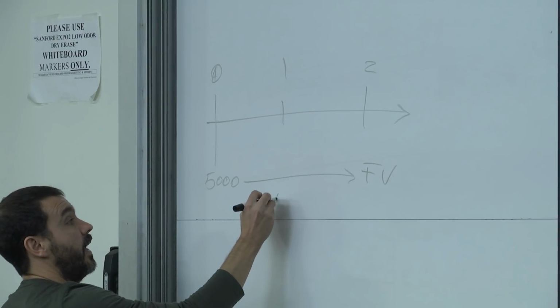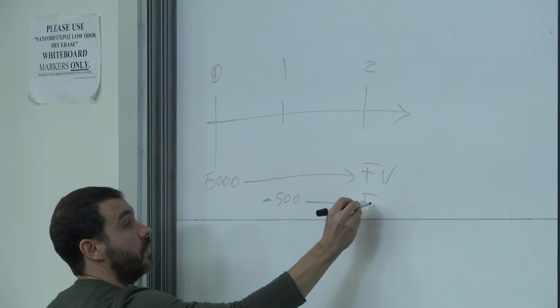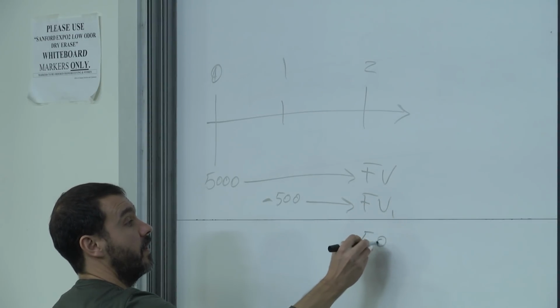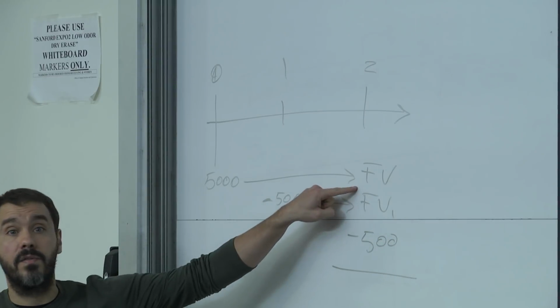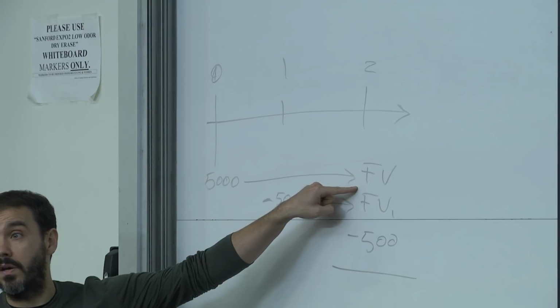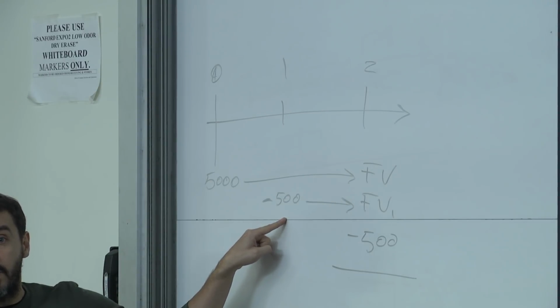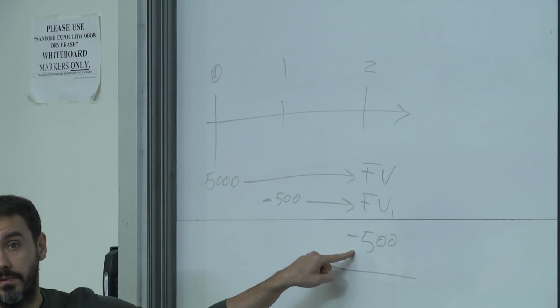Here I have negative $500 and I compute the future value of that, and here I have $500 negative. So what I do is subtract from my future value of $5,000 the future value of the negative cash flow that I have at time 1 and the $500 negative cash flow that I have at time 2.